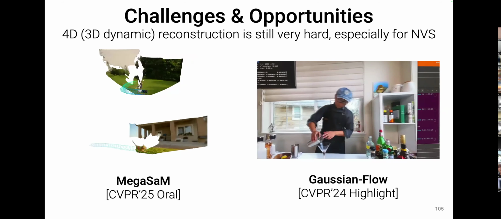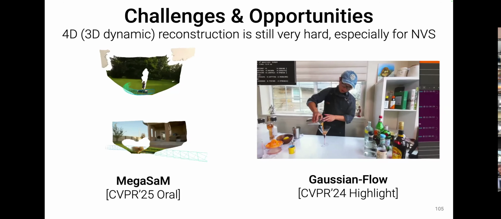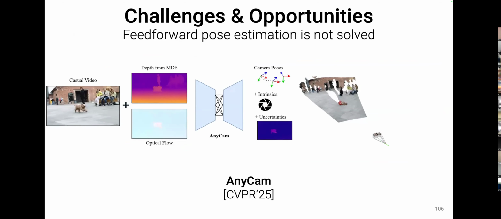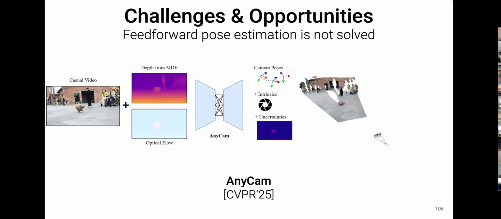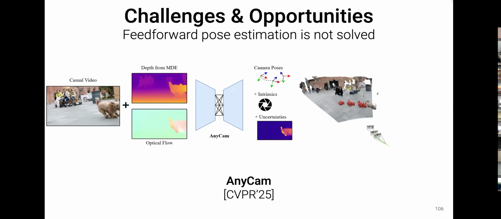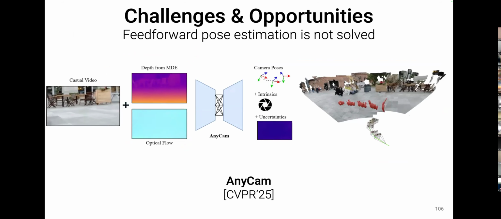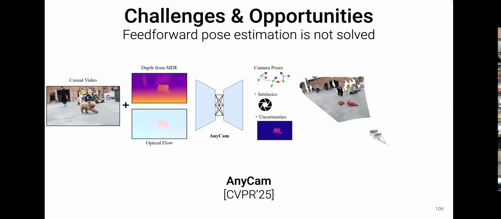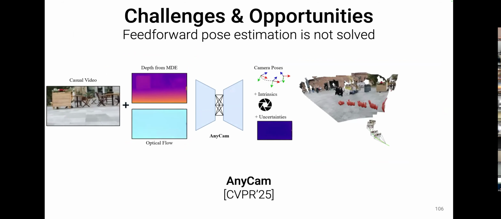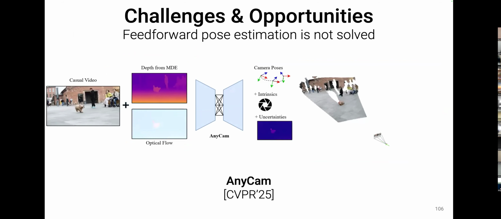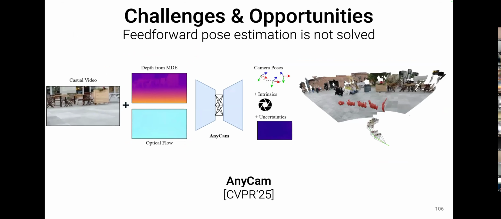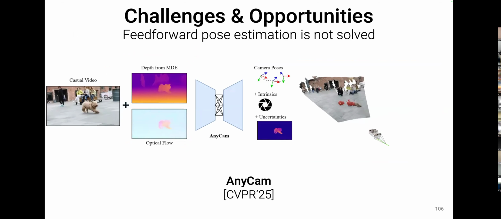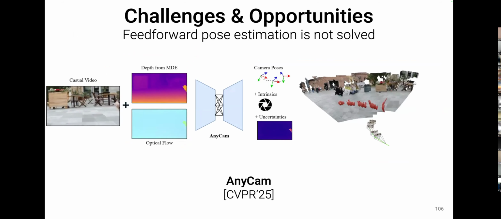And as I already mentioned before, feed-forward pose estimation is not really a solved problem. If you want to get accurate camera poses, you still need bundle adjustment, you need optimization, and that's one of the reasons why in WildGS-SLAM we were still using dense bundle adjustment, DBA, in order to get really good camera poses.